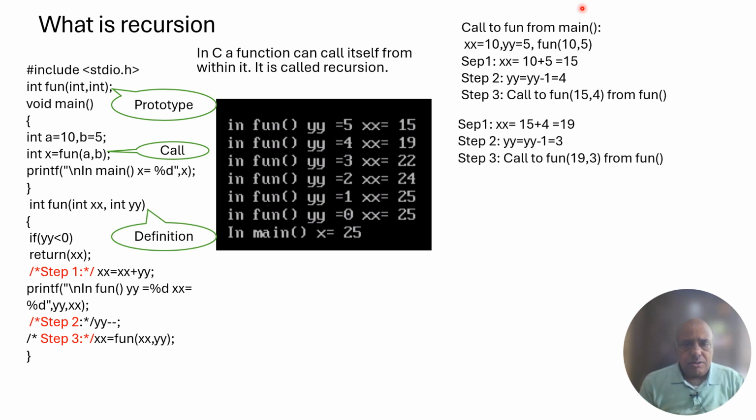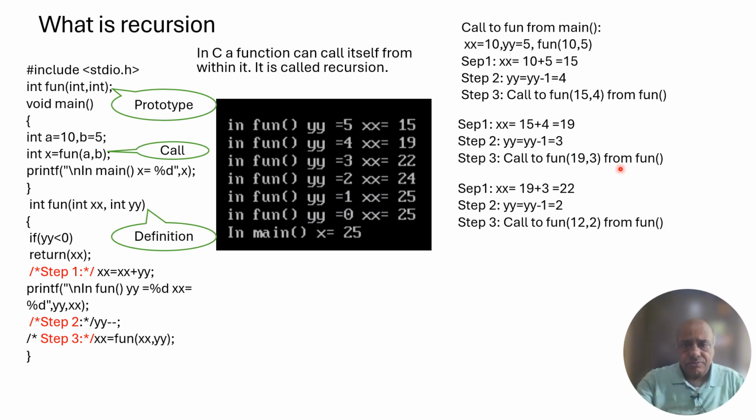In this call again xx will be 15 plus 4, yy will be yy minus 1 equal to 3, and with these modified values fun is called again from within itself, with fun having parameters 19 and 3 now, because xx and yy are being passed to the function from within itself. Again with fun 19 and 3 as the parameters, the next iteration takes place.